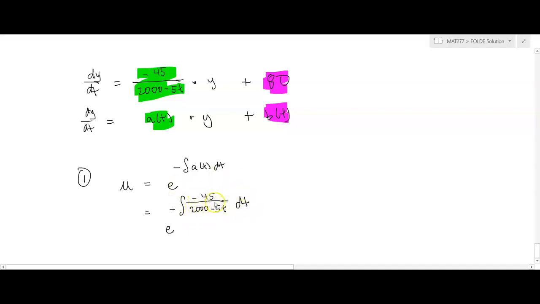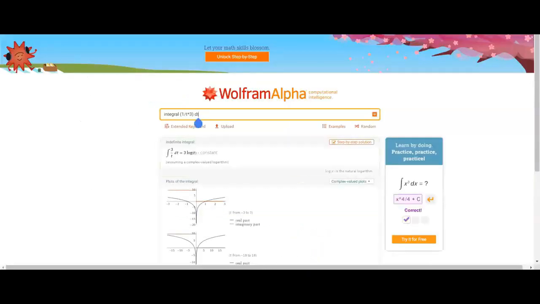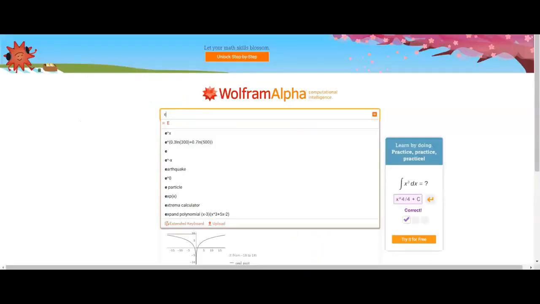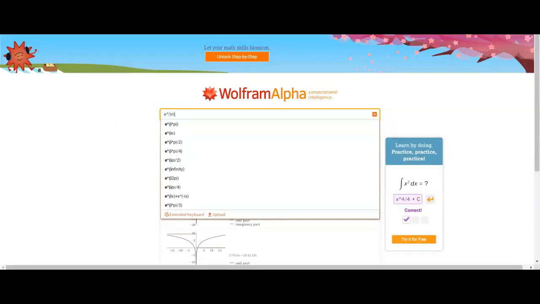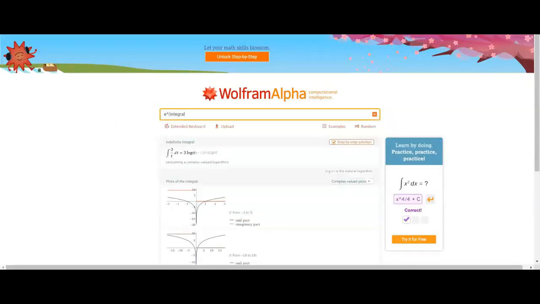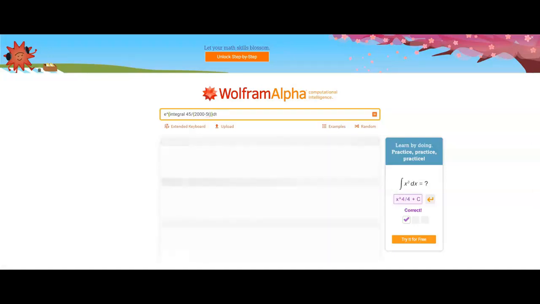So let's go ahead and type that into Wolfram Alpha. By the way, the two negatives cancel each other out, so I'll just write the integral of 45 over 2,000 minus 5t, and that's going to be all dt. Let's make sure that looks correct the way we wanted it entered.